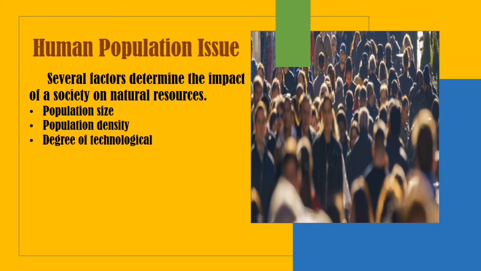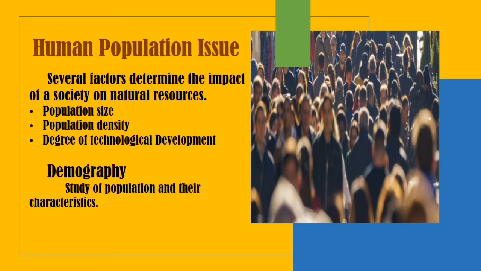Then we have the factors that determine the impact of a society on natural resources. This includes population size, population density, and the degree of technological development. When we speak of population density, this is the measurement of the population per unit area.